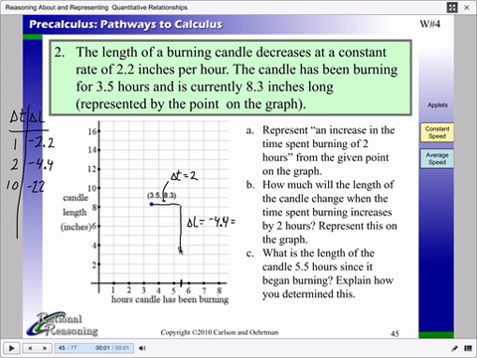So what's the final length of the candle then? L would equal the old L plus the change in L. It's common sense. So it's 8.3 minus 4.4, and it is 3.9.